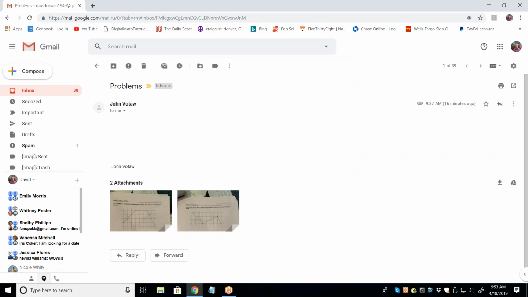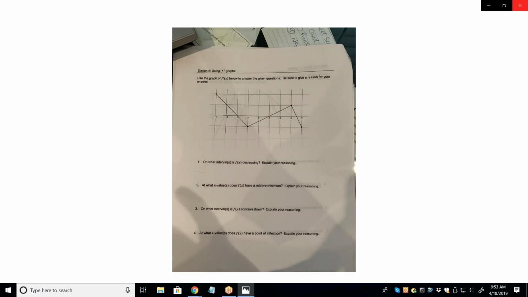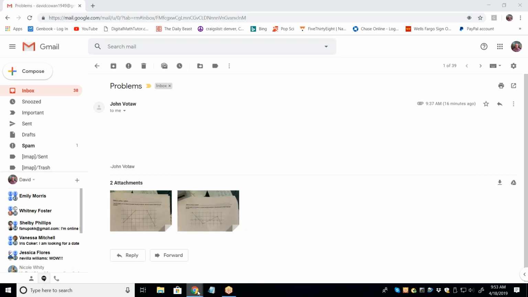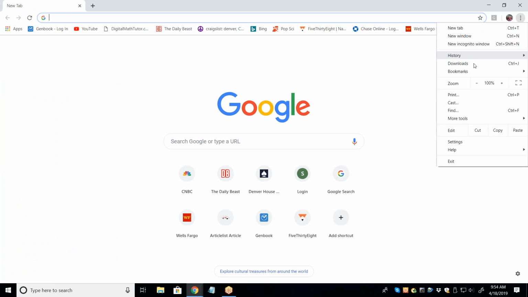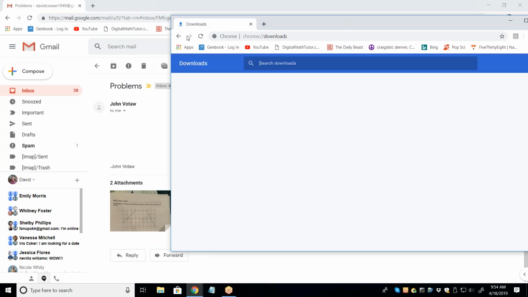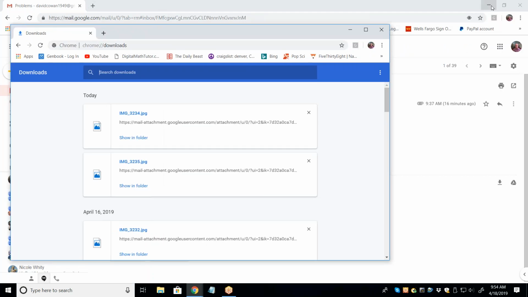I might not be doing this the most efficient way, but it's the one way I have figured out that works, where I can open these things with Paint, and then I can rotate them or zoom in or do the things I need to do.